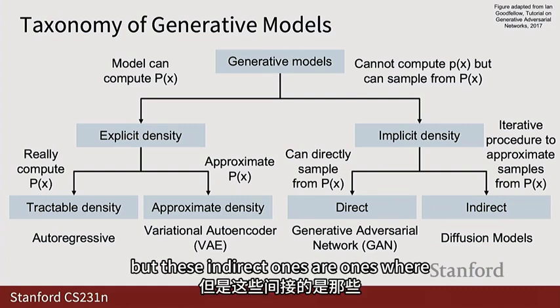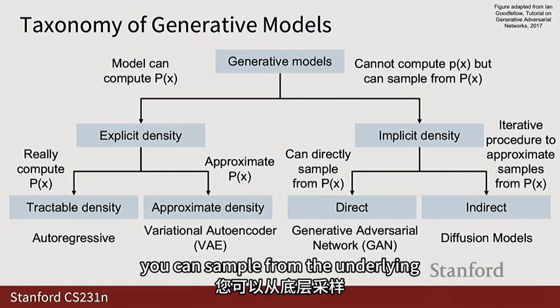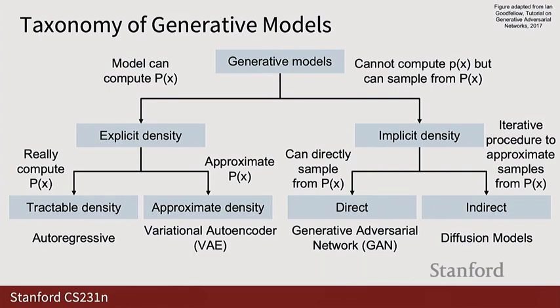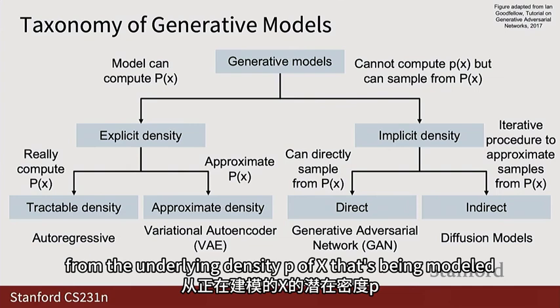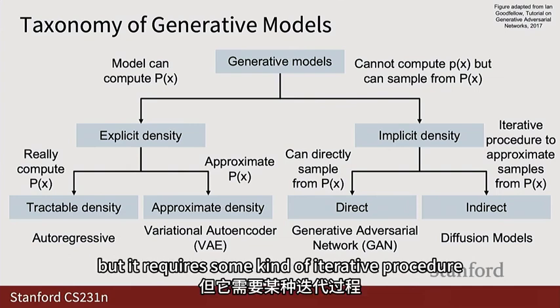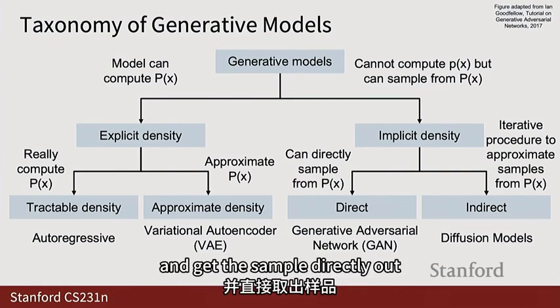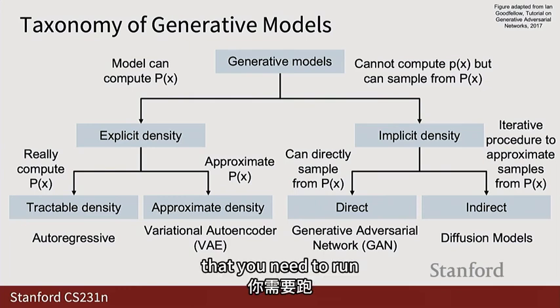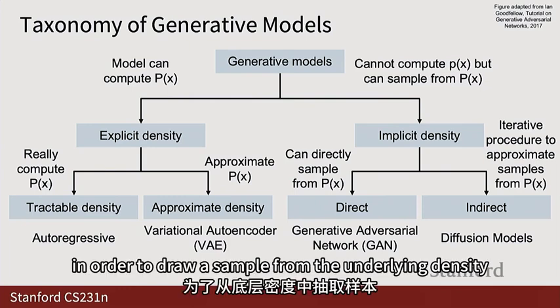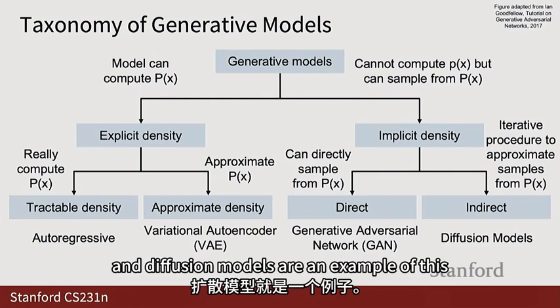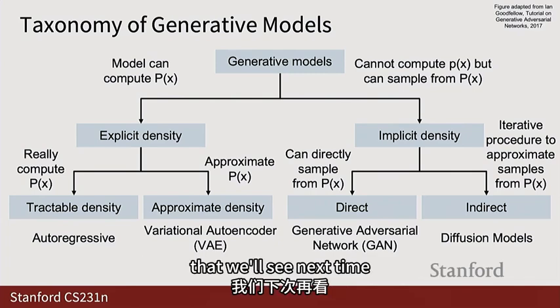These indirect ones are ones where you can sample from the underlying density P of X that's being modeled, but it requires some kind of iterative procedure. There's no feed-forward function where you can input and get the sample directly out. There's some kind of iterative method that you need to run in order to draw a sample from the underlying density. Diffusion models are an example of this that we'll see next time.